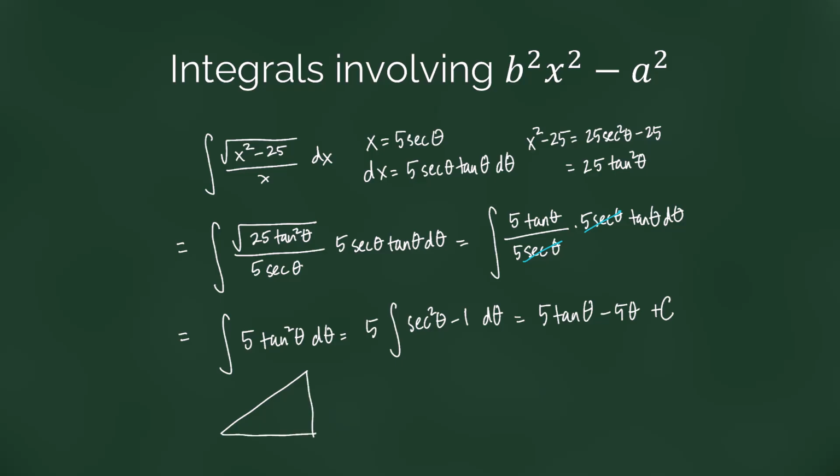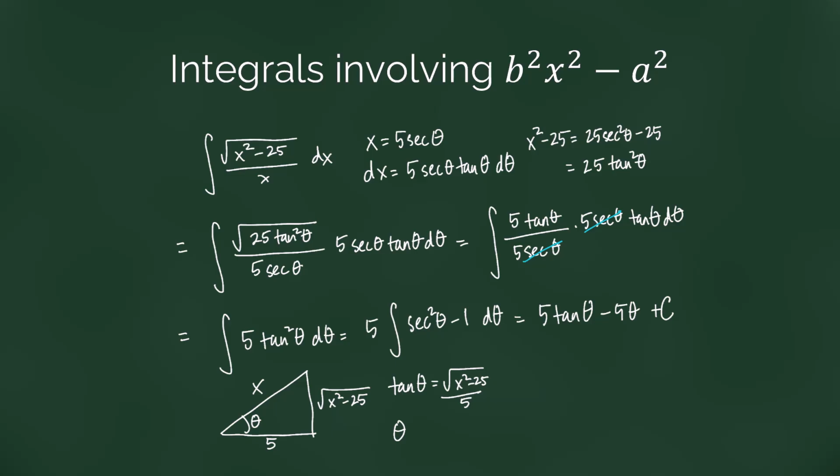So we'll look back at our triangle. We'll recall in that triangle that we're using x is equal to 5 secant theta. So x is going to go on our hypotenuse. 5 will go on our adjacent side, since secant is hypotenuse over adjacent. And that makes the opposite side the square root of x squared minus 25. So now we know that the tangent of theta is opposite over adjacent, so that's the square root of x squared minus 25 over 5.